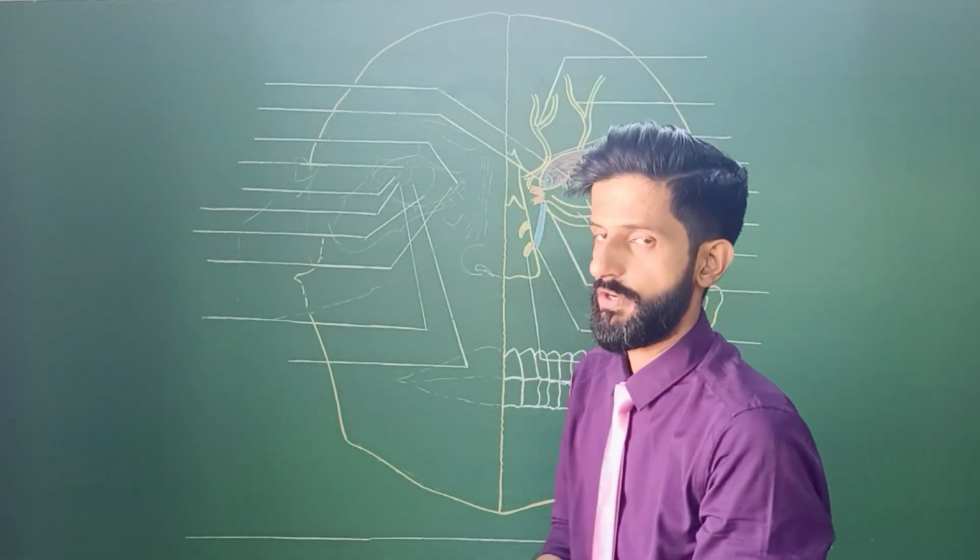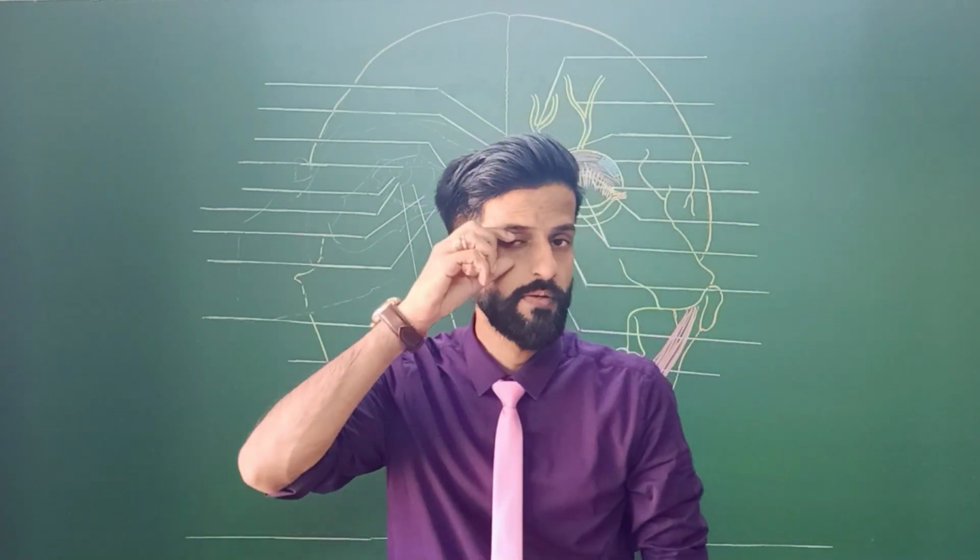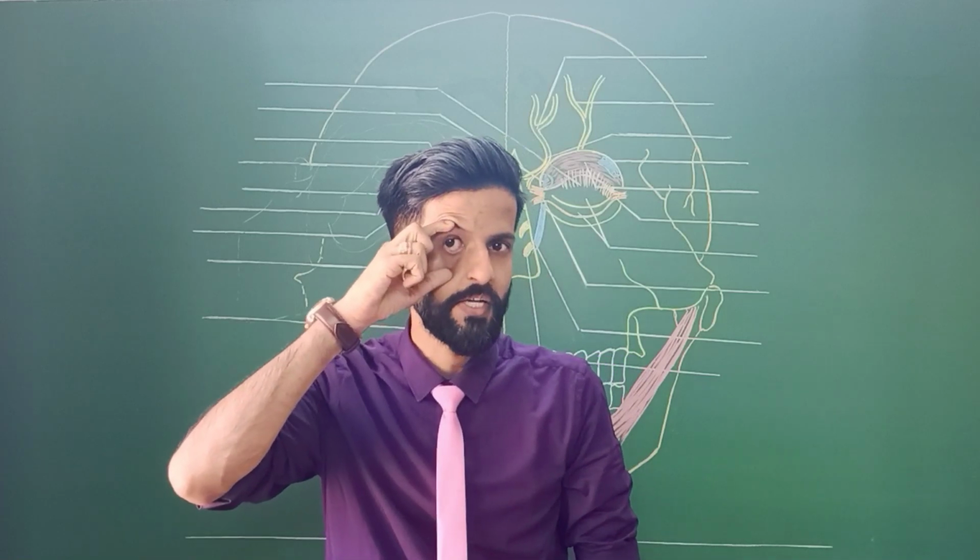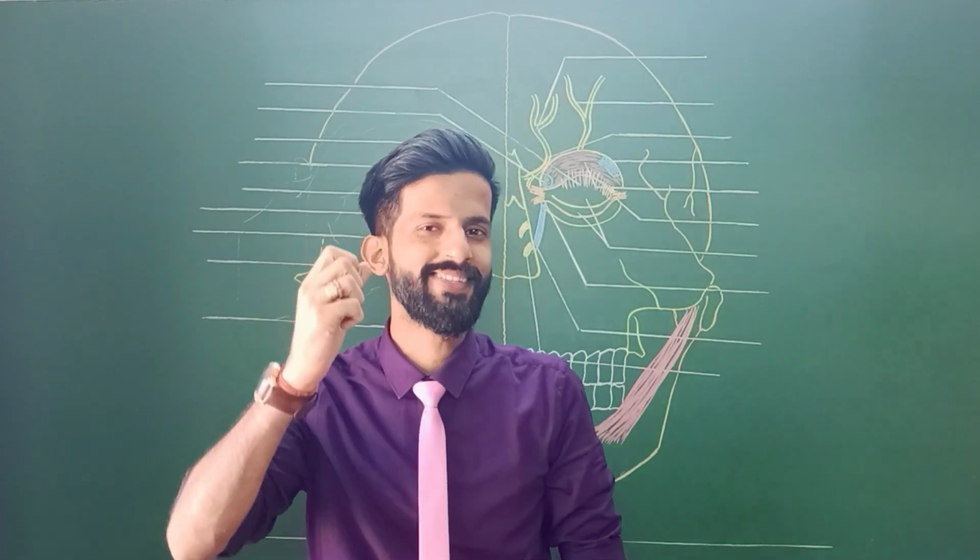So first what we need to do is, we need to follow this. Okay, we need to draw a hand which has to open up the right eye.